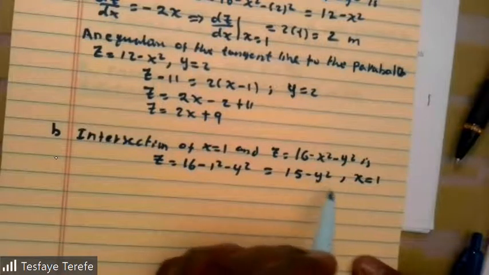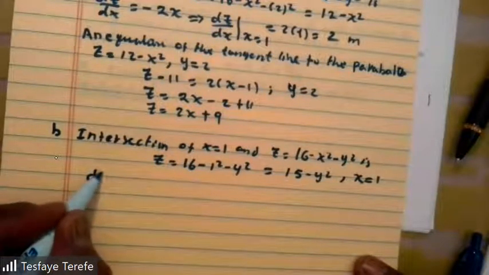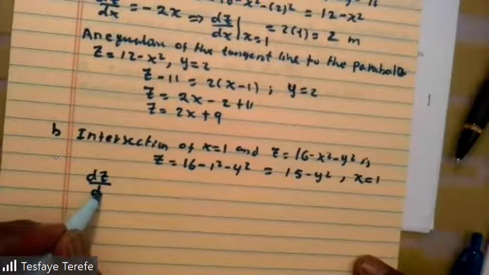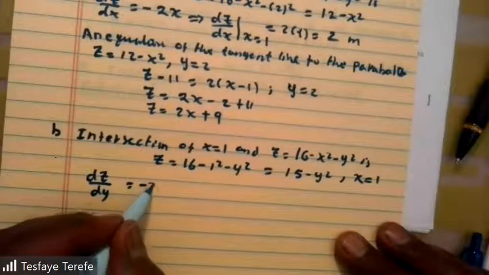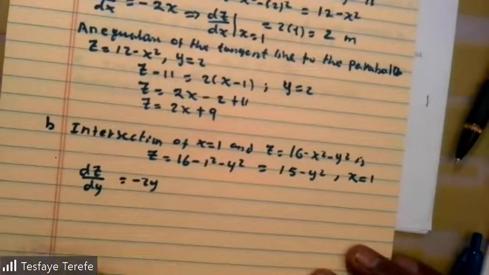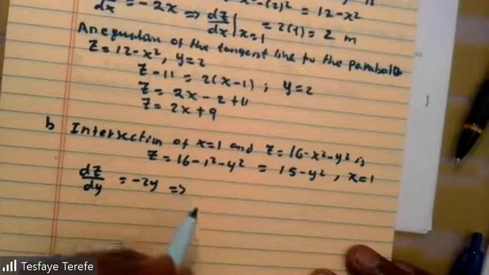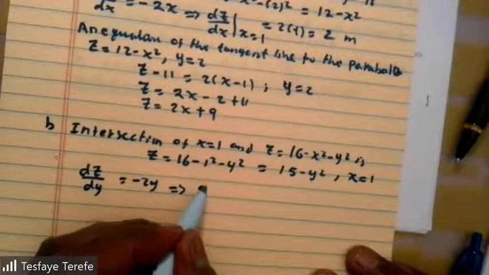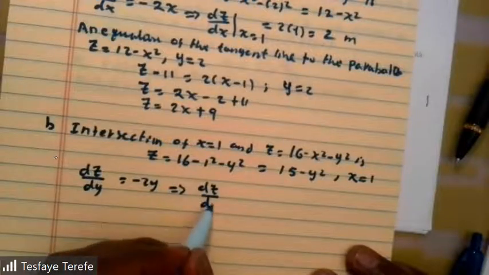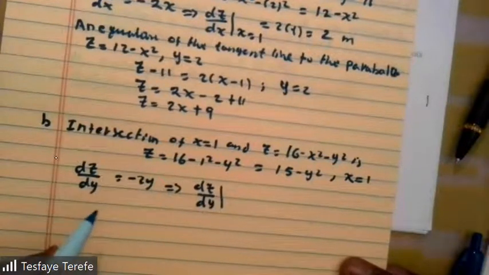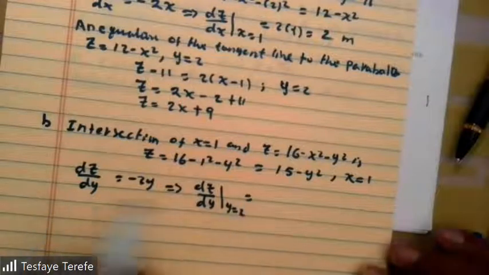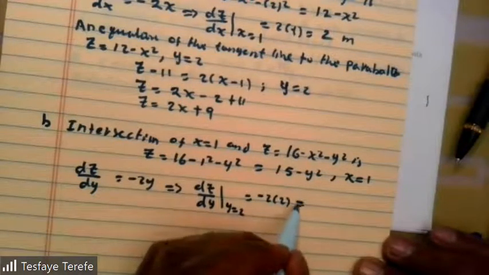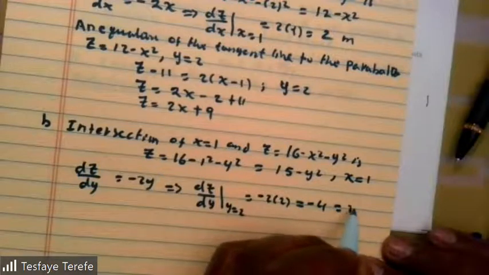Now look, this is a function of a single variable. That means the rate of change of z with respect to y, because it is a function of y, is negative 2y. Then from here, what is dz/dy at the point where the y value is 2? This is m.